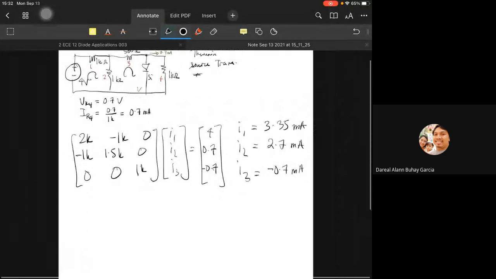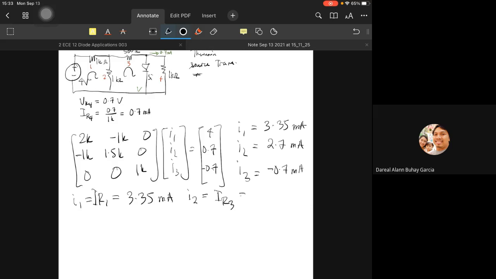So if tinood ni, if in fact mo yung mga currents, that would make I1 is equal to IR1, 3.35 amperes. I2 is equal to IR3, 2.7.